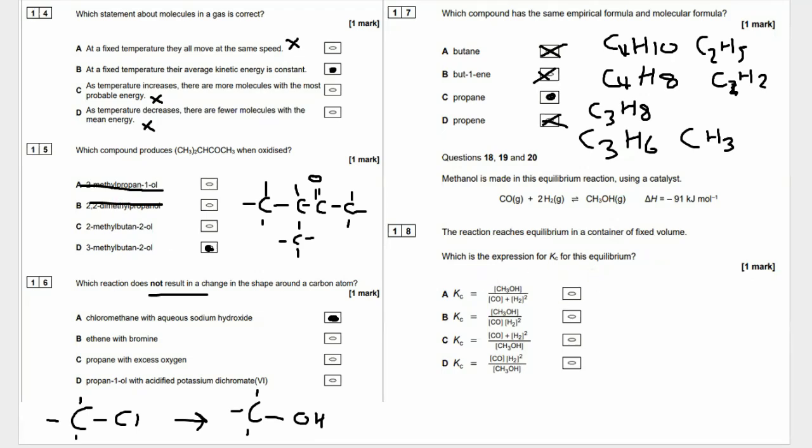So we don't need to worry about the volume. You just want to do products over the reactants. So CH3OH over the reactants. And you need to make sure that there is a 2 outside the concentration square brackets for the hydrogen. So there we go.